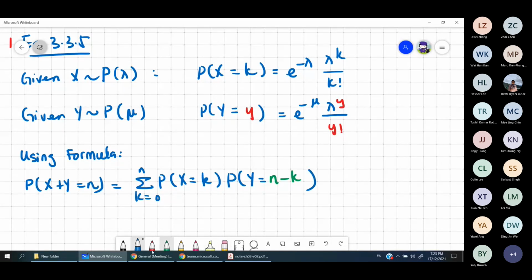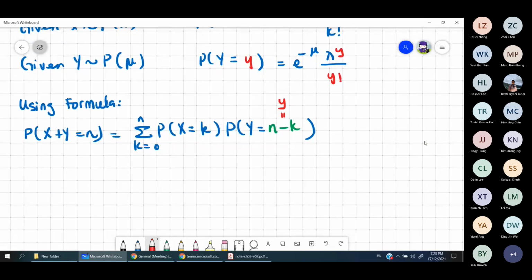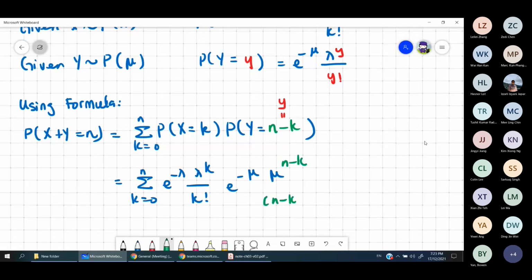So you just need to replace y in the formula. Substituting, we have e to the minus lambda, lambda to the k over k factorial, and for this one e to the minus mu, mu to the n minus k over n minus k factorial. Just replace this with y.